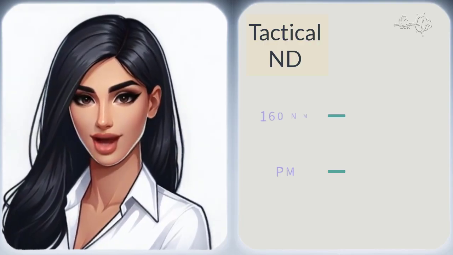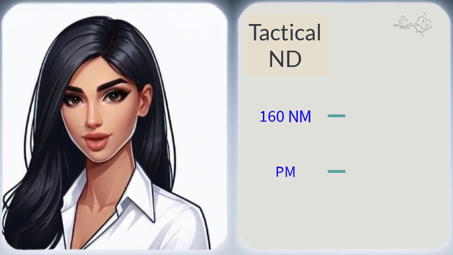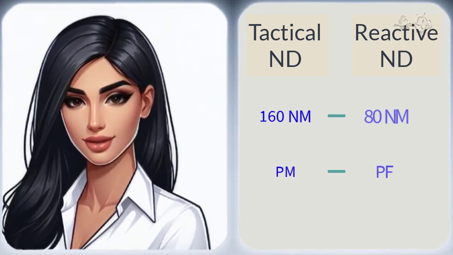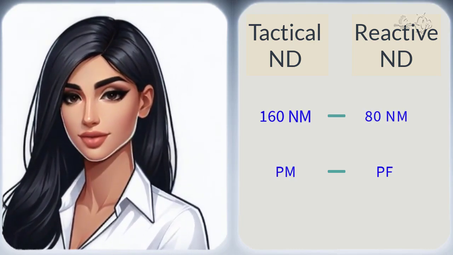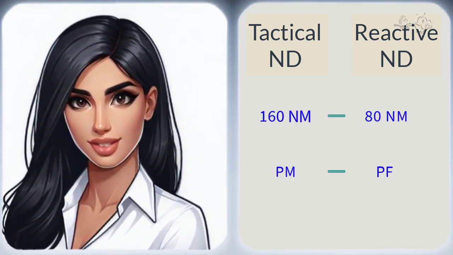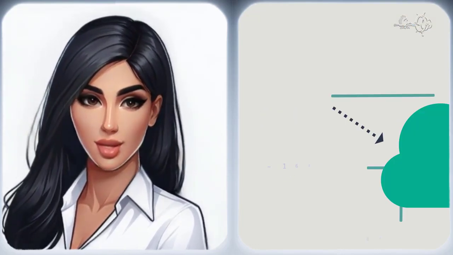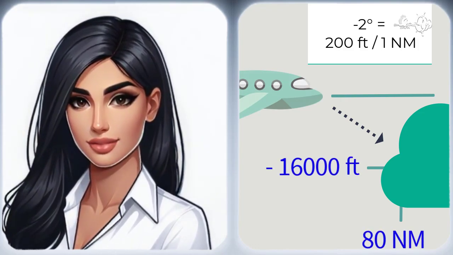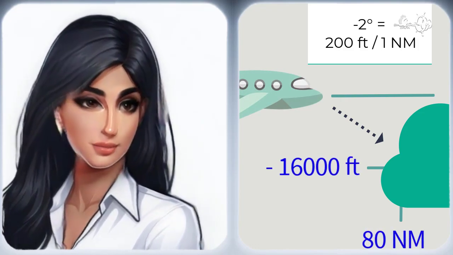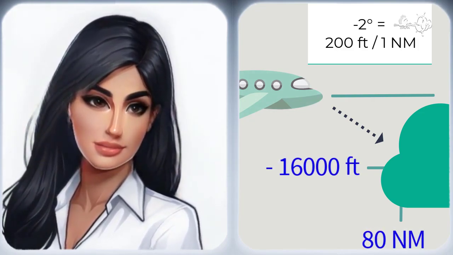During cruise, the pilot monitoring's display is best set at 160 nautical miles to provide for tactical analysis. The pilot flying's navigation display is best set at 80 nautical miles, an adequate range to decide on any required deviation. For the pilot flying, with the given range setting of 80 nautical miles, the tilt angle is set in function of the range, in this case around -2 degrees.